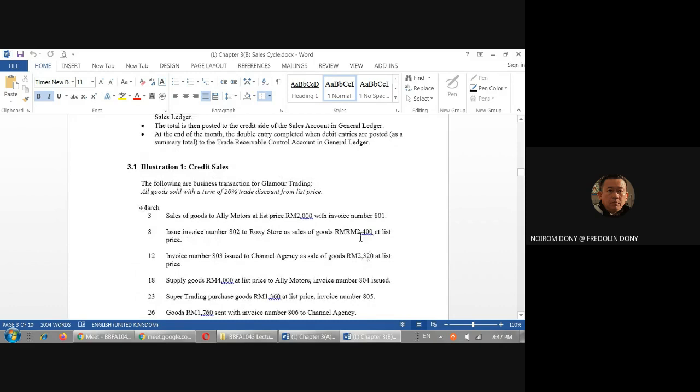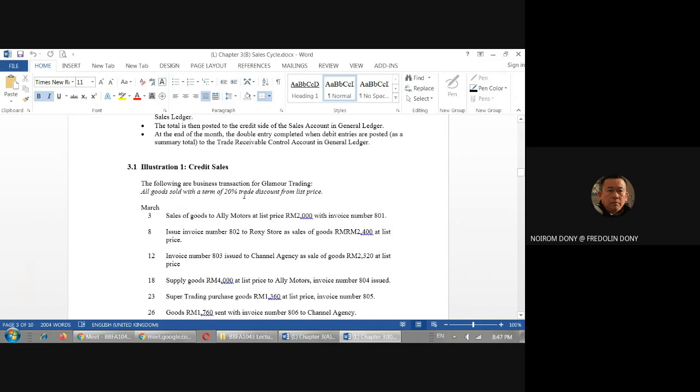Now you have this illustration, okay? Credit sales. The following are business transactions for Glamour Trading. All the goods are sold at a 20% discount. So meaning all is trade discount across the board.